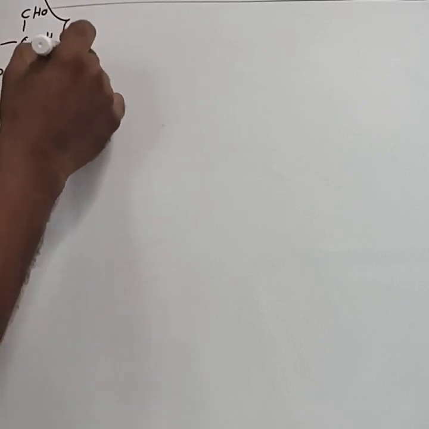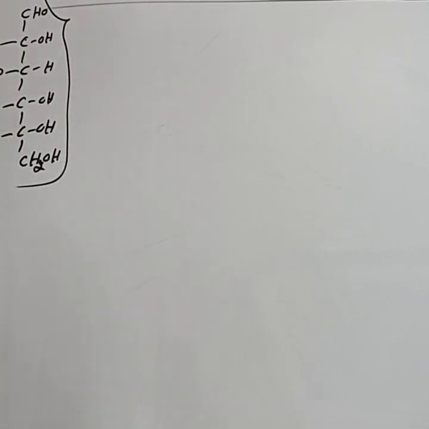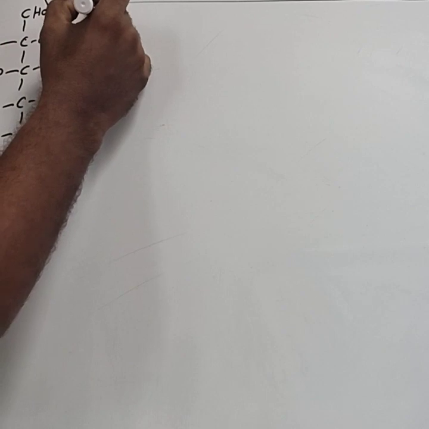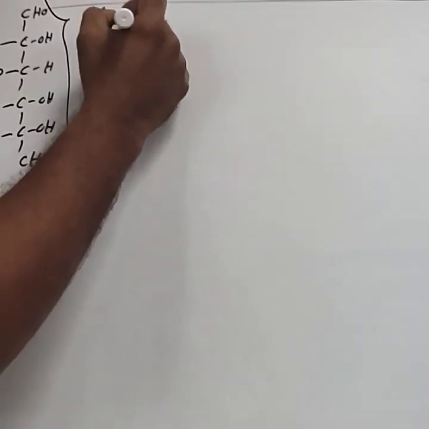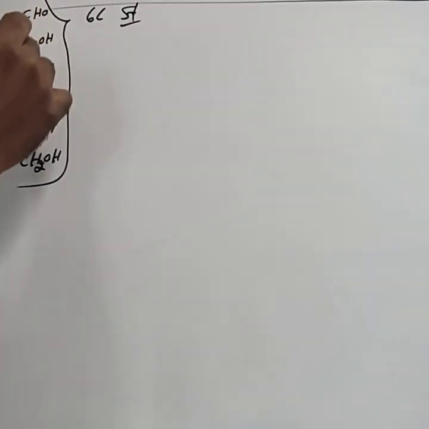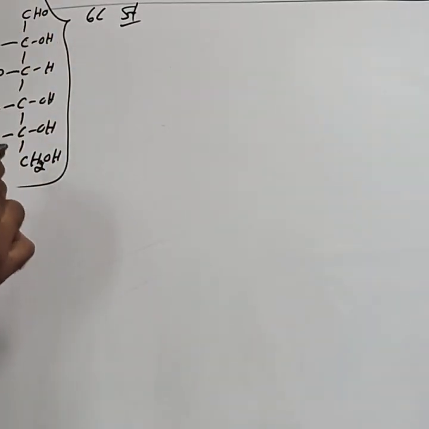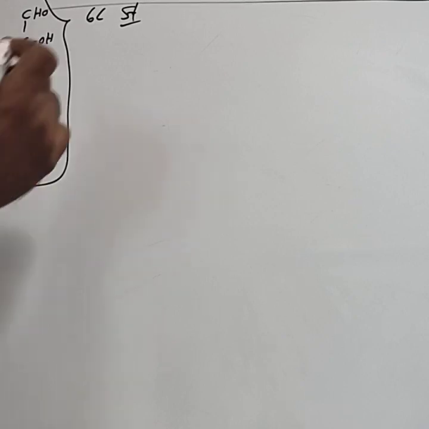This is the structure of glucose. In this open chain structure, glucose contains 6 carbon atoms in a straight chain. All the 6 carbon atoms are in the straight chain, the open chain. It is the first point.